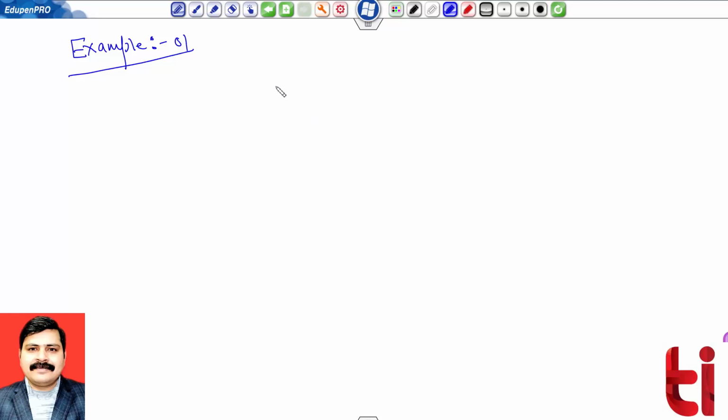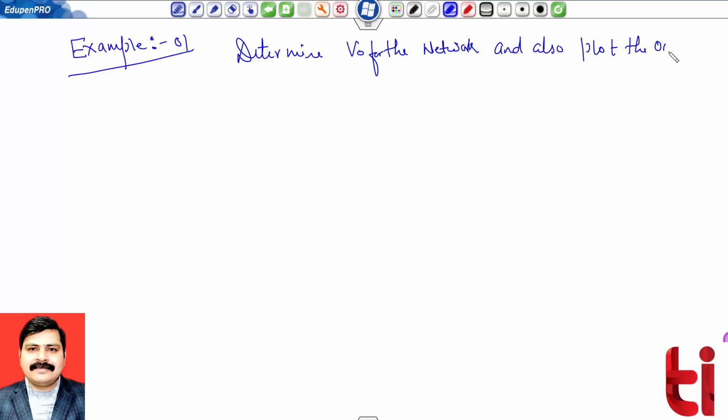Determine V naught for the network as shown below, and also plot the output waveform.